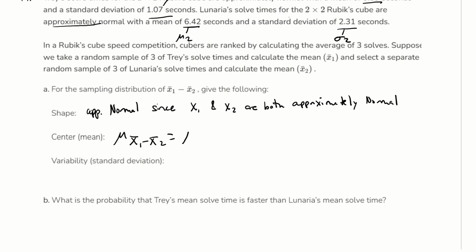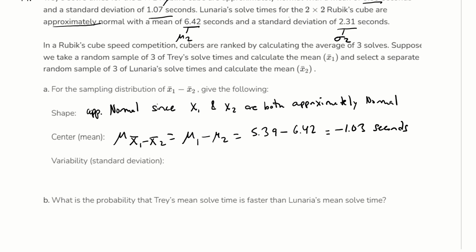According to the formula sheet, the mean is mean 1 minus mean 2, so mean of x1 minus mean of x2. In this case, if you look at the means, it was Trey's time minus Lunaria's time, which is negative 1.03 seconds.